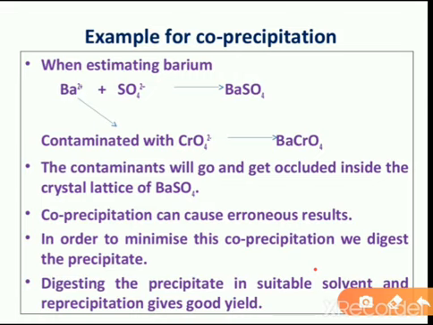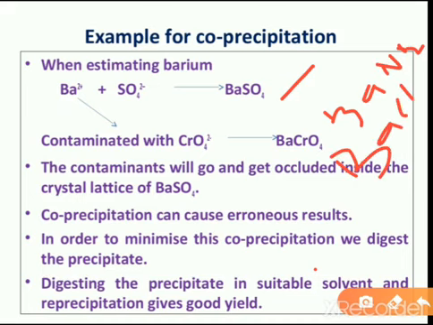So along with the formation of barium sulfate, some barium nitrate and barium chloride also form, and these combine with the amount, or the weight, of barium sulfate. This is called co-precipitation.